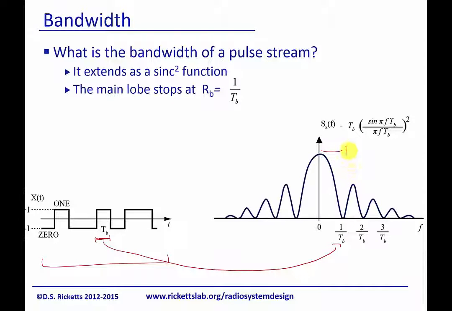But you notice this really isn't our bandwidth because we've got all of this other stuff here. And this is because the sharp transitions that occur in, if you think about an ideal bit stream, actually turn into an infinite bandwidth, which is a real problem because the spectrum as it is now is very crowded.